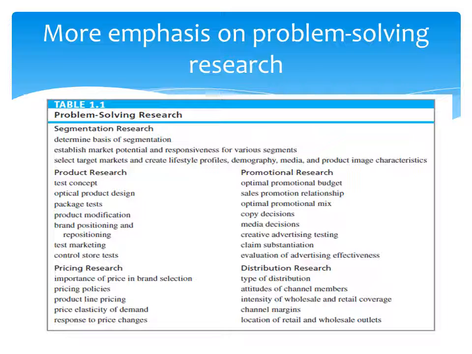There are many examples in this table, but we will take one example. Promotional research, like media decisions or creative advertising tests, and distribution research, like the type of distribution and the channel margins.